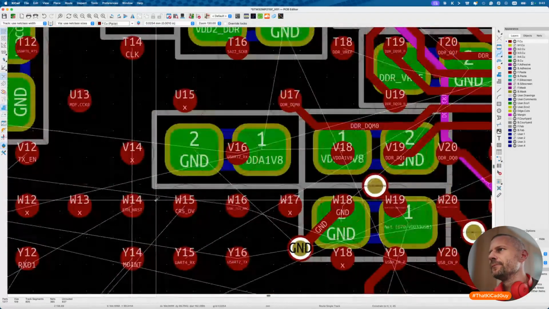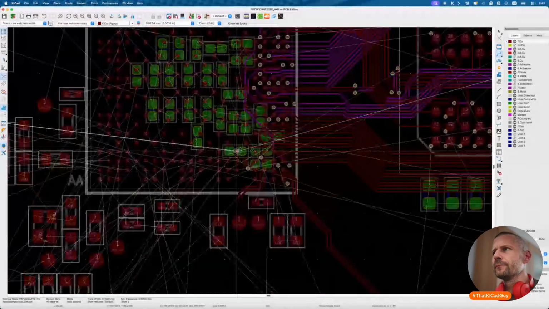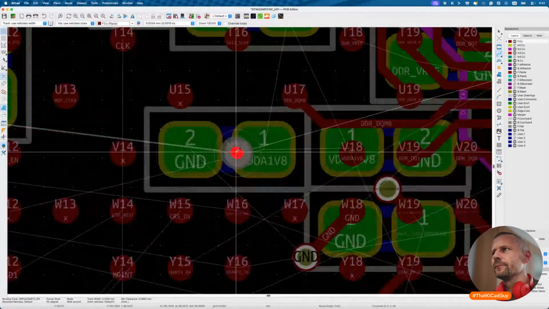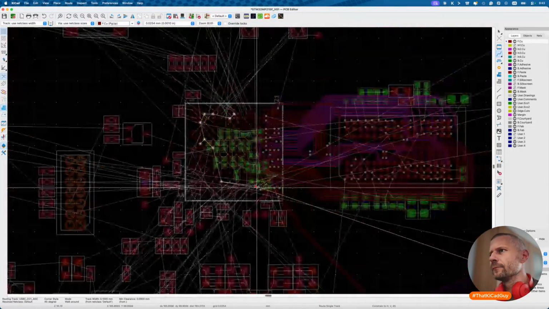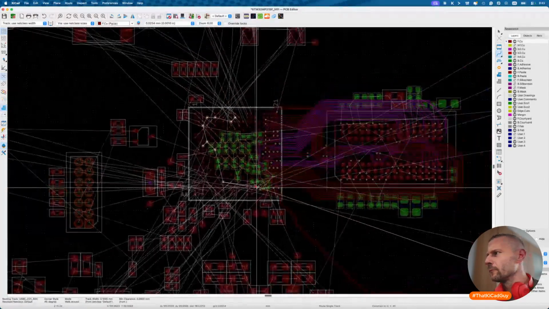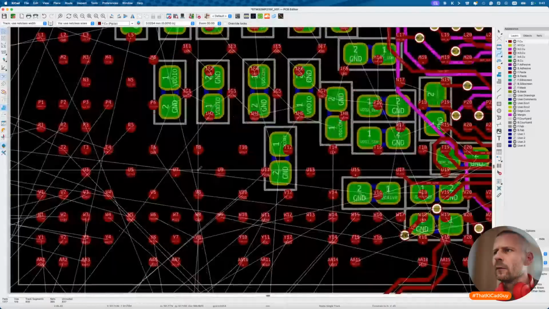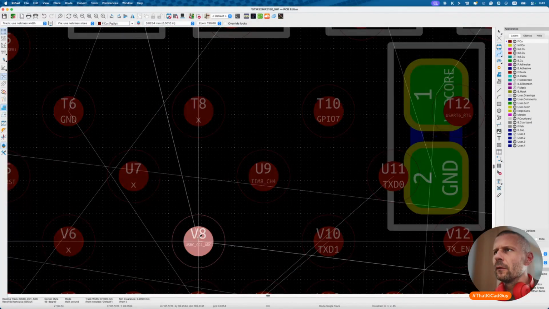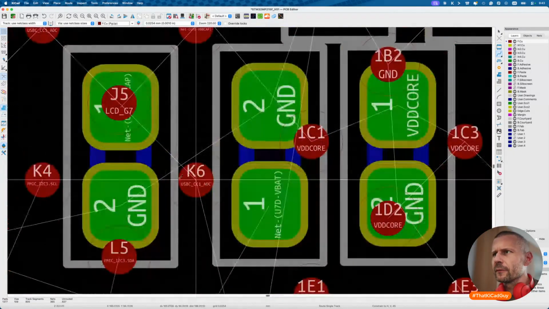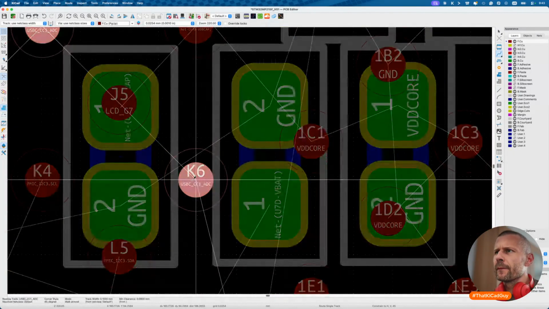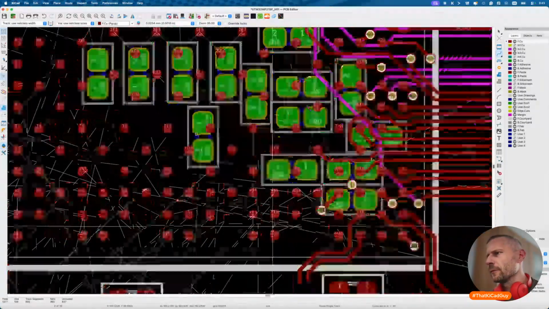Why are so many pads connected to this? Strange.